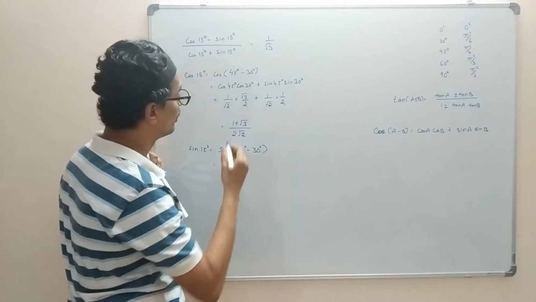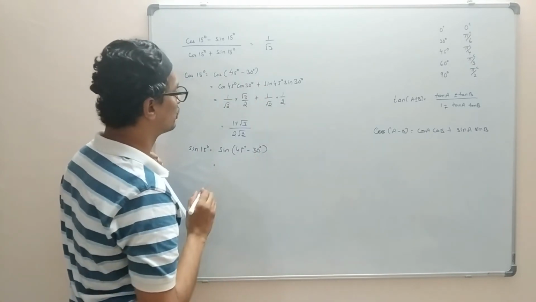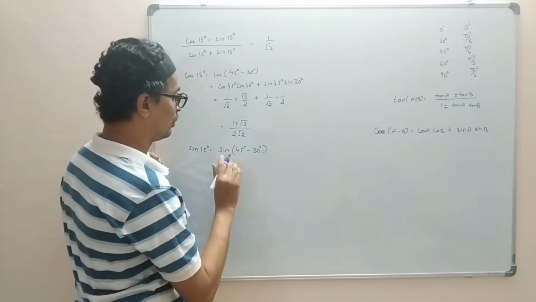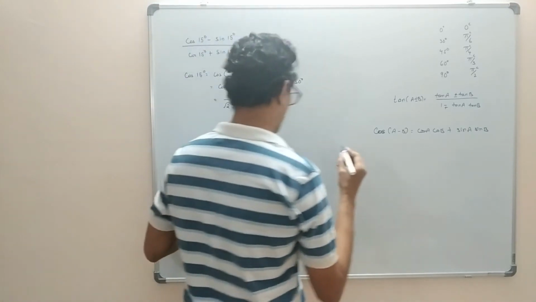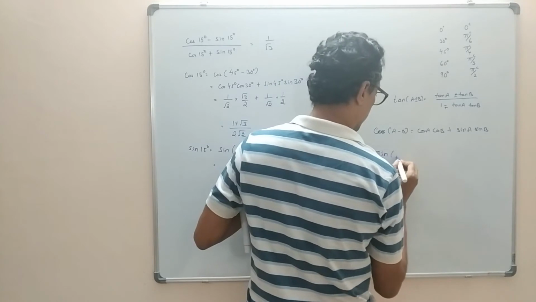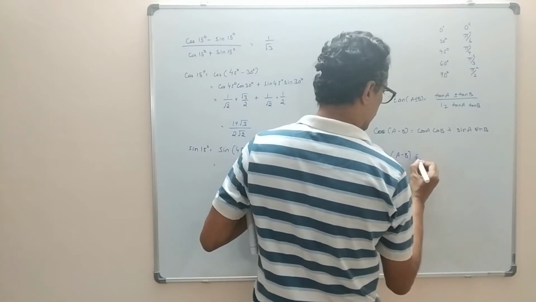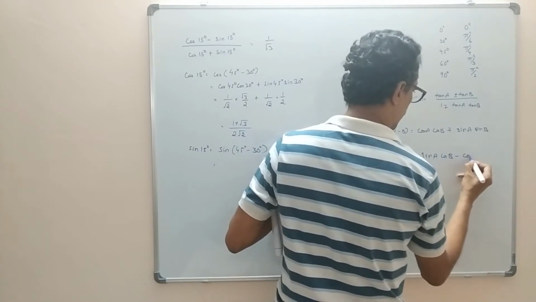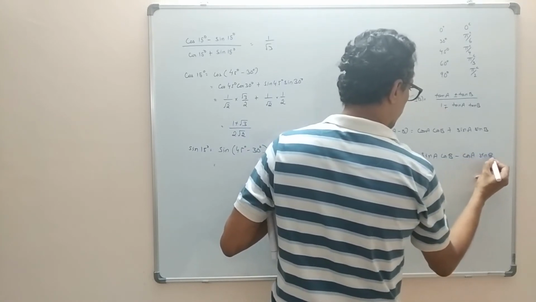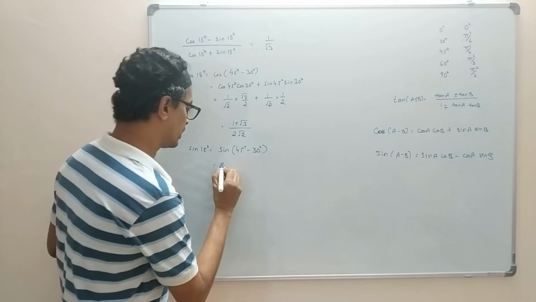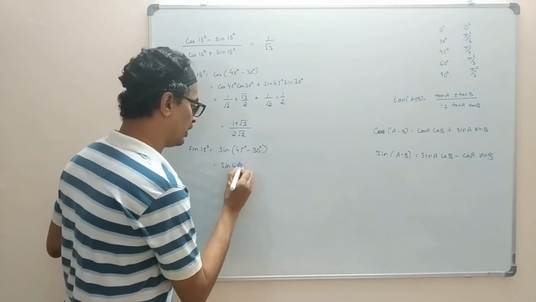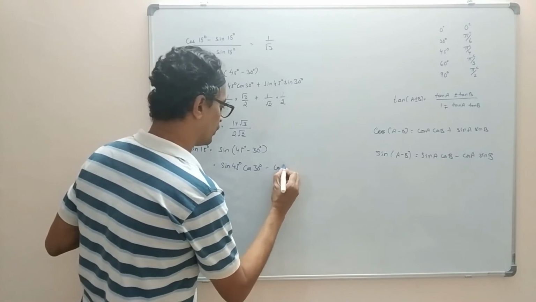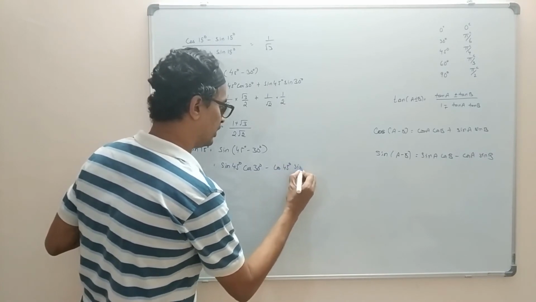All methods will give you the same answer if you have done it right. So what is the sin A minus B formula? Sin A cos B minus cos A sin B. So this is going to be sin 45 degree cos 30 degree minus cos 45 degree sin 30 degree.